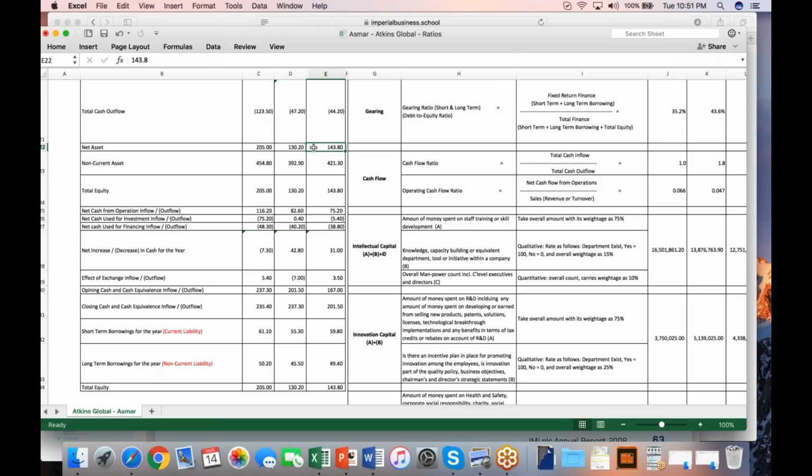We will have to go through that. So net assets, Sami, you're right. Net assets is the total assets minus liabilities. Total equity is equal to net assets, you're right.